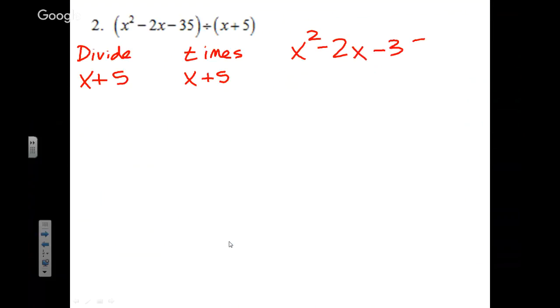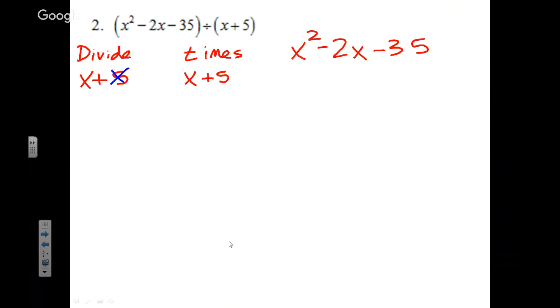Anybody have questions on how to set that up? Clearish? And then I tell you, well, all I care about when I'm really dividing is what? X. So I'm going to throw away that 5. Eventually, when you look at this, you probably won't even write the 5, but for now, I don't want people to go, where'd that 5 go? It's always about the first thing.